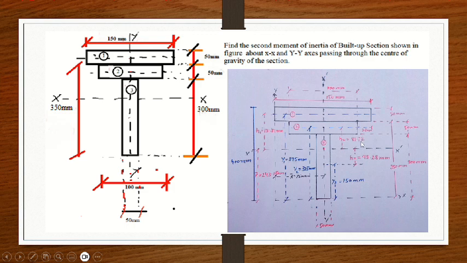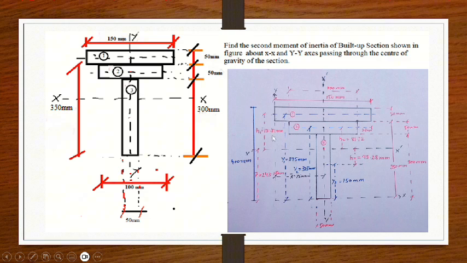81.72. And what is the distance h3? The vertical distance from the centroidal axis to the figure 3 local axis is called h3, that distance. What are x bar and y bar?